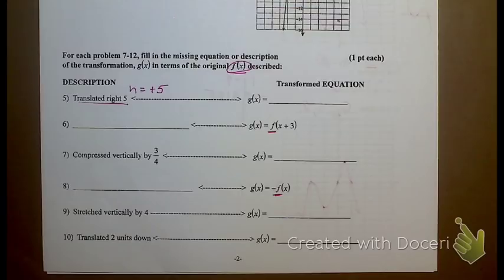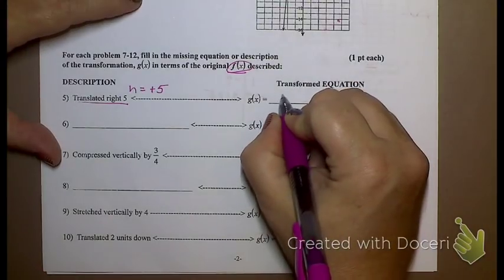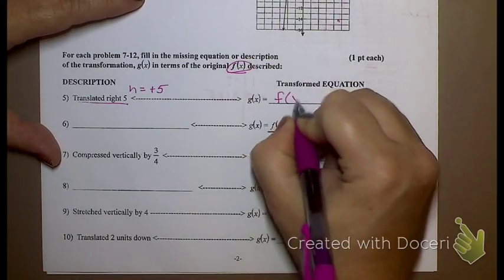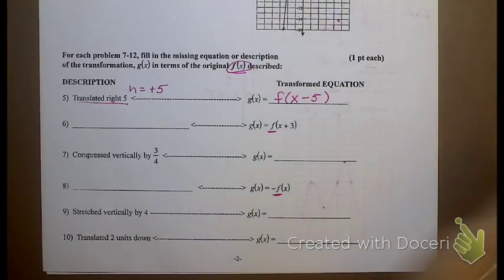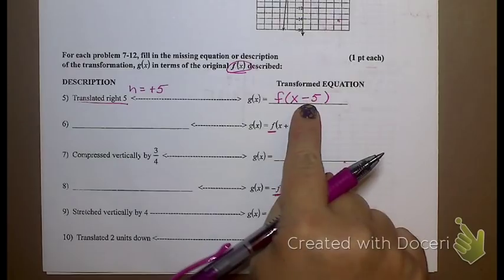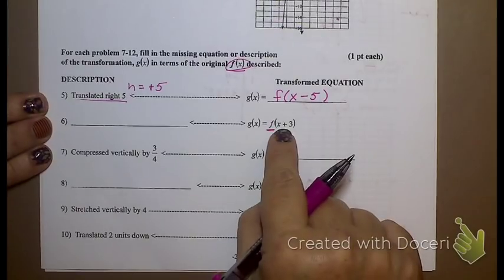We have to have the f there on these guys. No f, you lose a point every time. Okay? So, translated right 5, g of x equals f of x minus 5 is what that's going to look like. An h value of positive 5 looks like a negative 5, and it's got to be in the parentheses with the x.